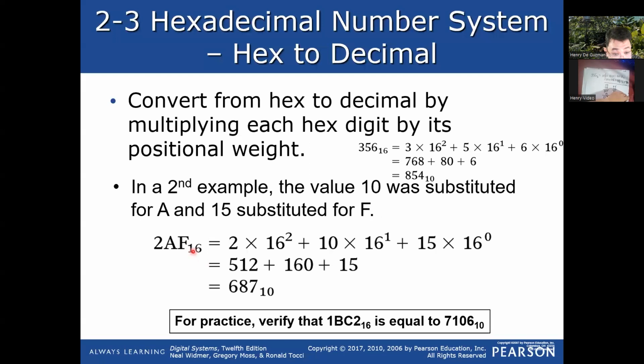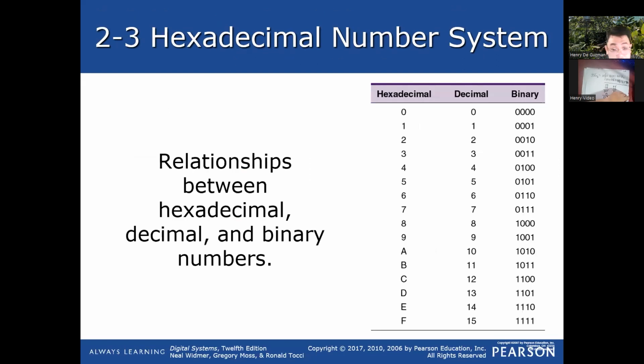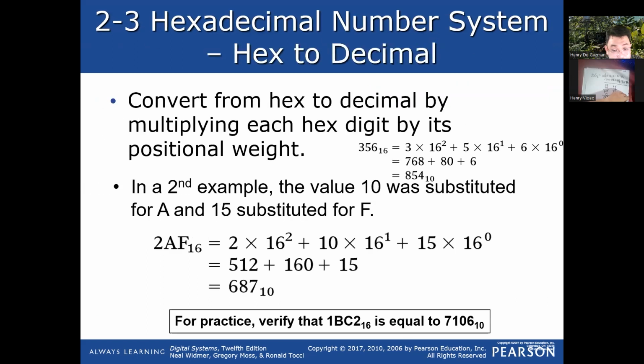And then last is the F, which is 15 based on the table here. So you add that, so you have 687 base 10.